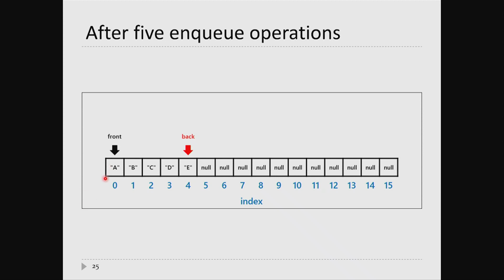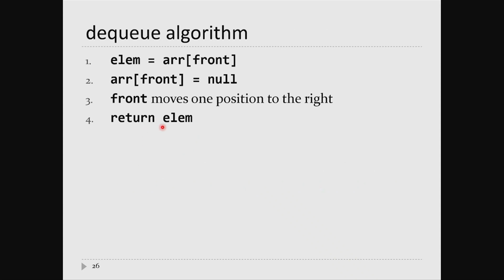Then I'm going to set that element to null to remove it from the array. I'm going to move front over 1 to the right so that it points at the B. And then I'm going to return the element. And again, there's another step missing here. I'm going to decrease the size by 1 in step 3.